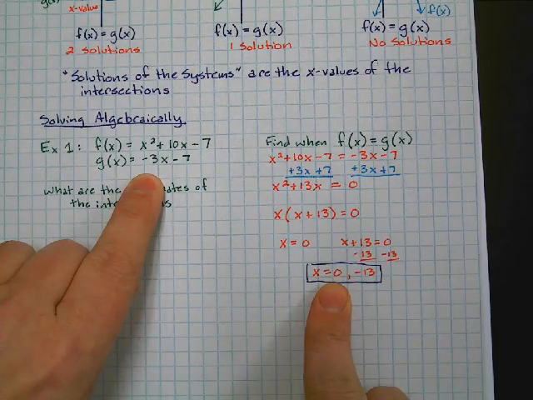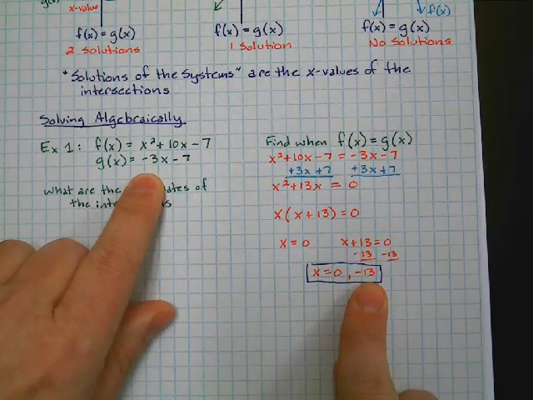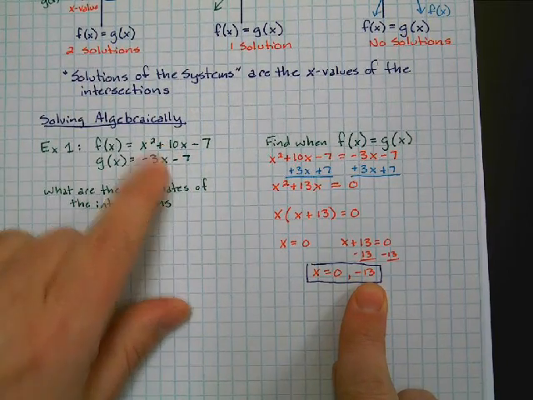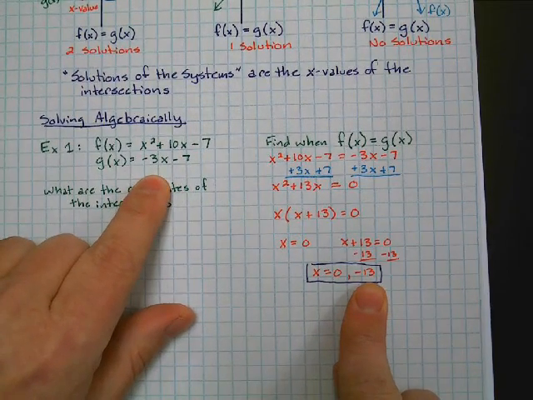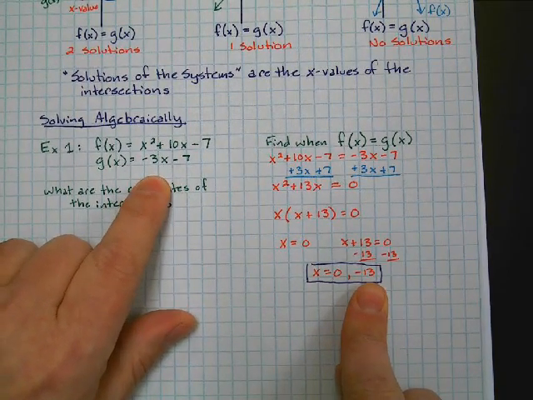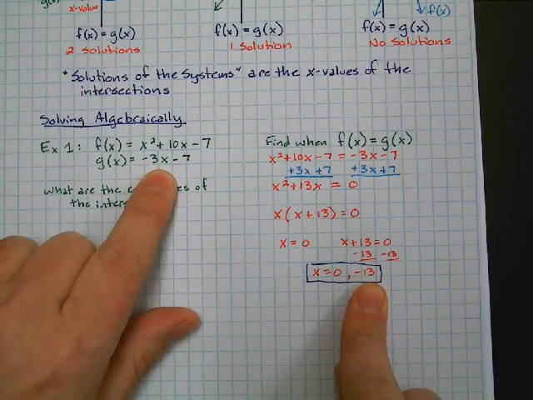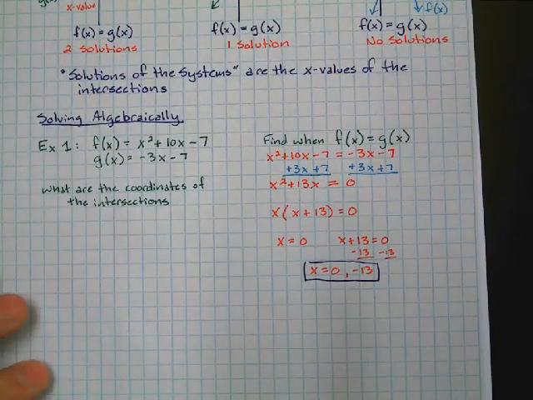It doesn't matter which one. You will get the same answer. And then plugging in negative 13 into f of x or g of x. Doesn't matter which one. You'll get the same answer. I'm going to choose g of x because it looks easier. So I'm going to plug it in.